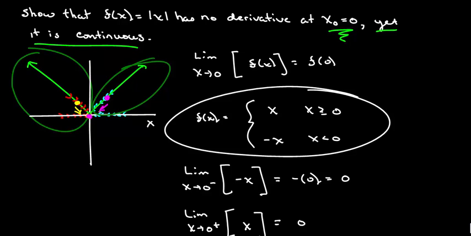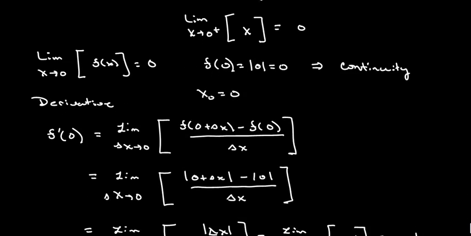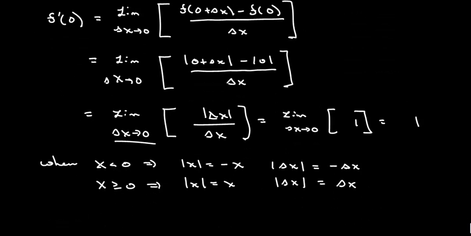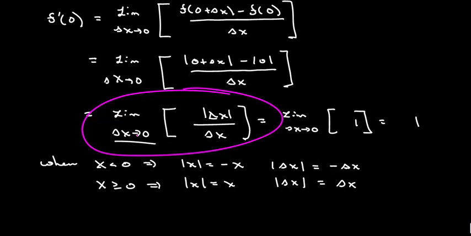So the slope of the tangent line from this direction would be -1, and from this direction +1, and they don't agree with one another. Because for the overall limit, if delta x is negative, then I get -1. If delta x is positive, then I get +1. And see how they're different. So clearly the derivative can't exist at that value. But it is still continuous.